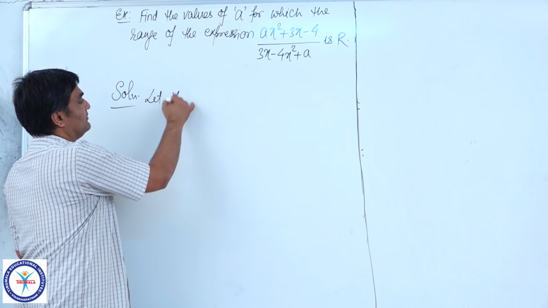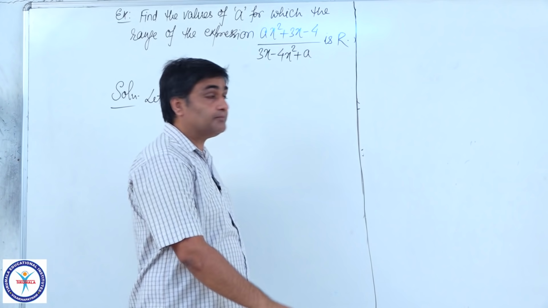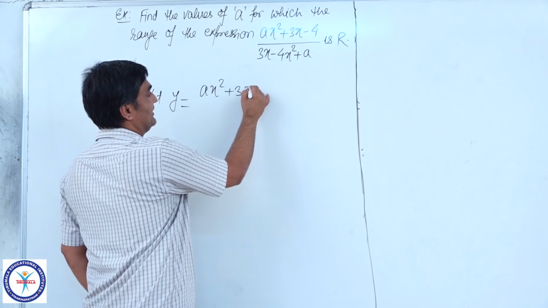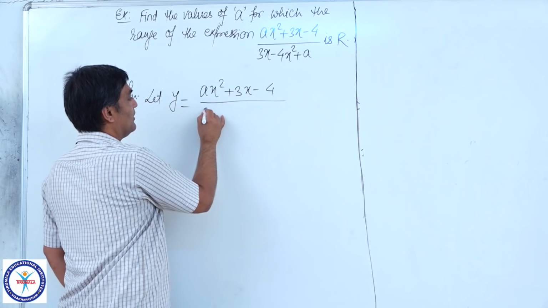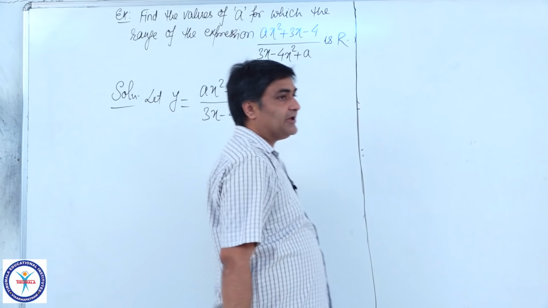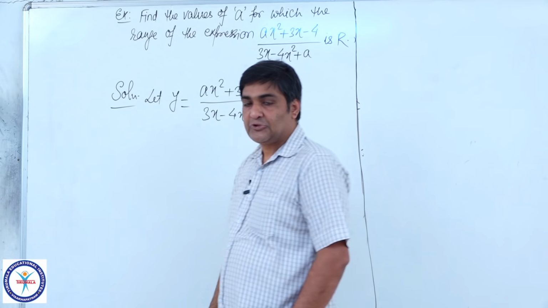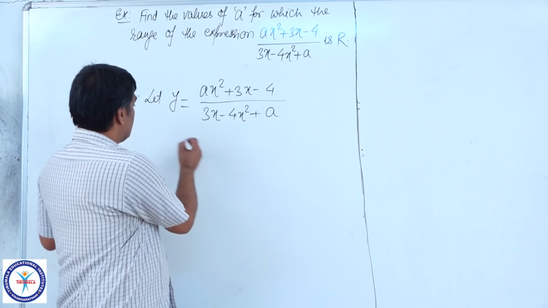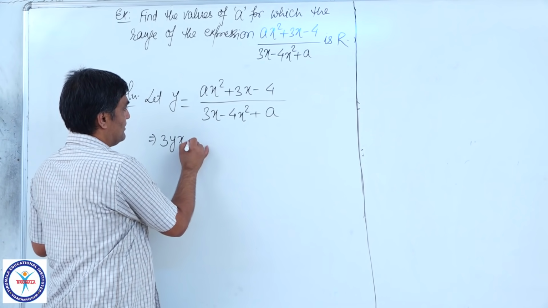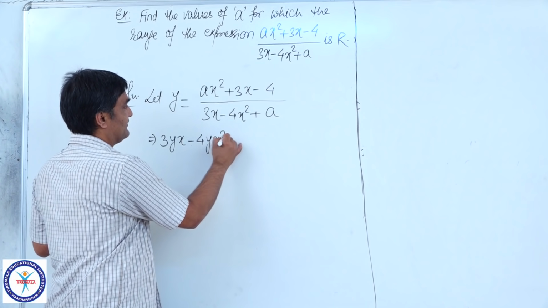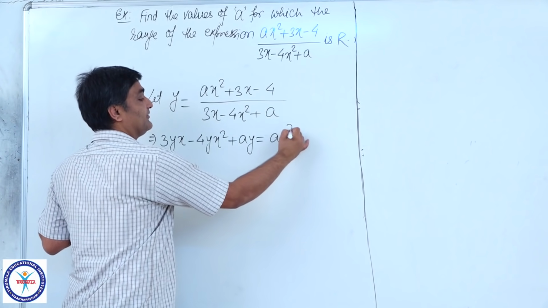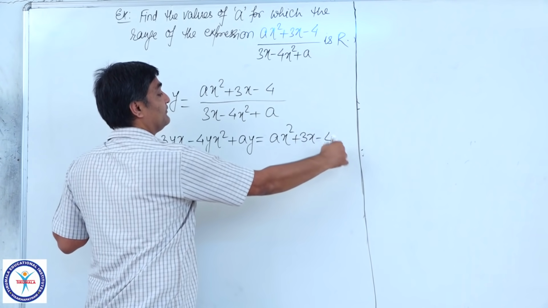Let y equal to (ax square plus 3x minus 4) by (3x minus 4x square plus a). Okay. Or we can say that 3yx minus 4yx square plus ay equal to ax square plus 3x minus 4.